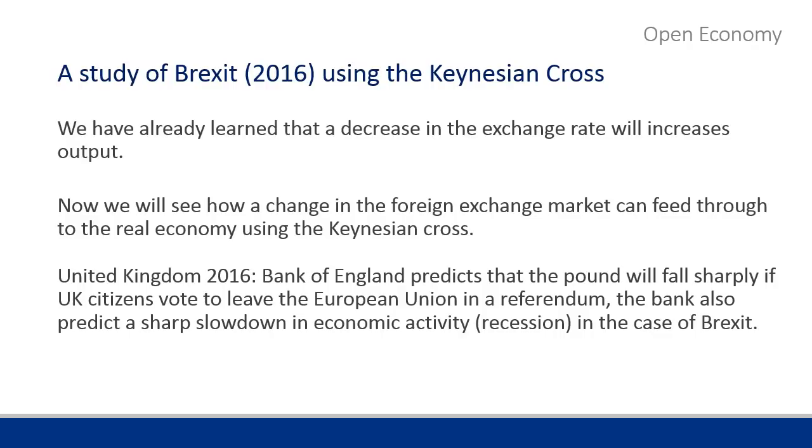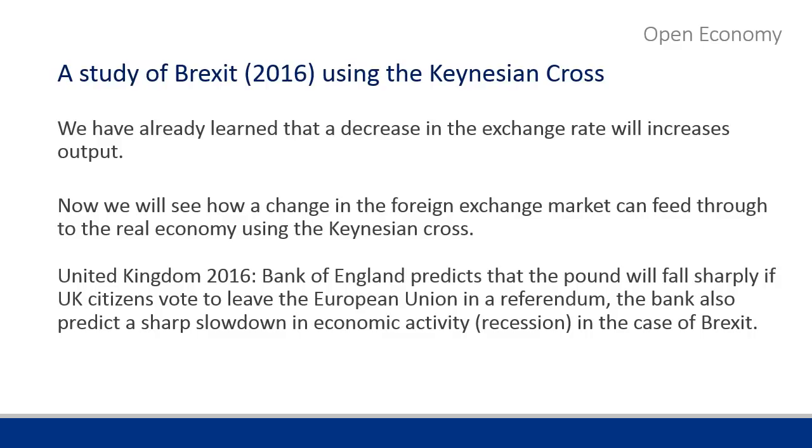Now we know from our earlier discussions that exchange rates and output tend to go in the opposite direction. An increase in the exchange rate is going to make our exports more expensive, and that's going to lower net exports and thus output. So now we can use the Keynesian cross to look at the prediction, which does contrast to the Bank of England's prediction.